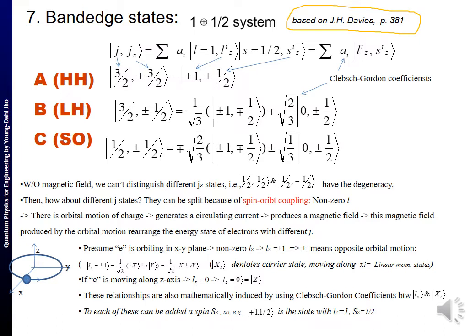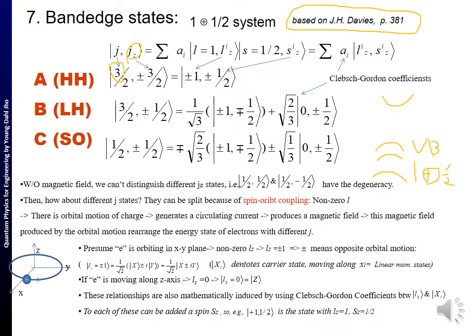Especially for conventional semiconductors, the valence band has a p state and the hole has spin, so they are coupled. Then the J and Jz combinations as shown here split the energy structure in different ways.